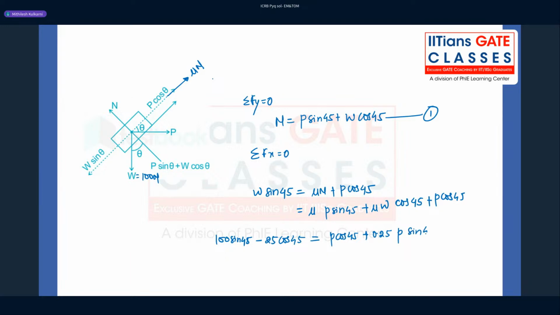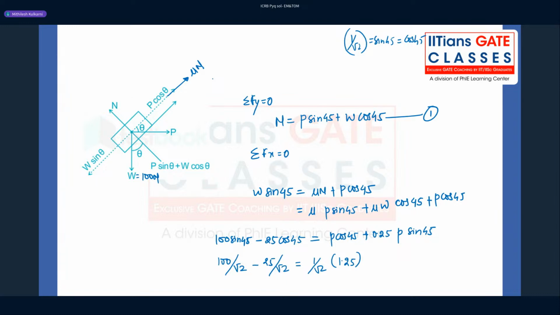Now if you put the values, 1 by root 2 is the value for sine of 45, and that is also the value of cos of 45. So 100 divided by root 2 minus 25 divided by root 2 is equal to, from here, 1 by root 2 you can take common, and 1.25 is what you can write.